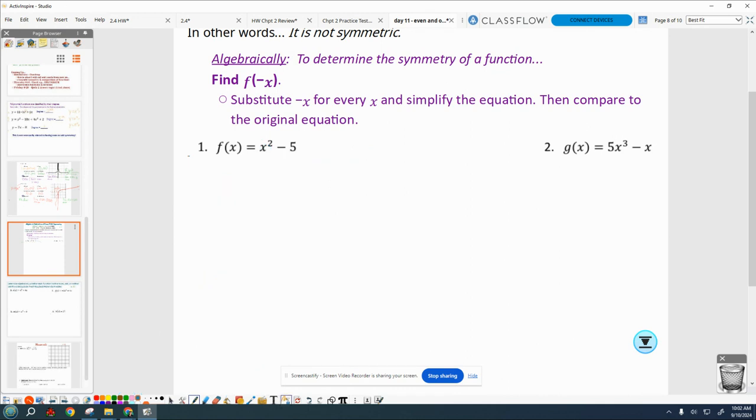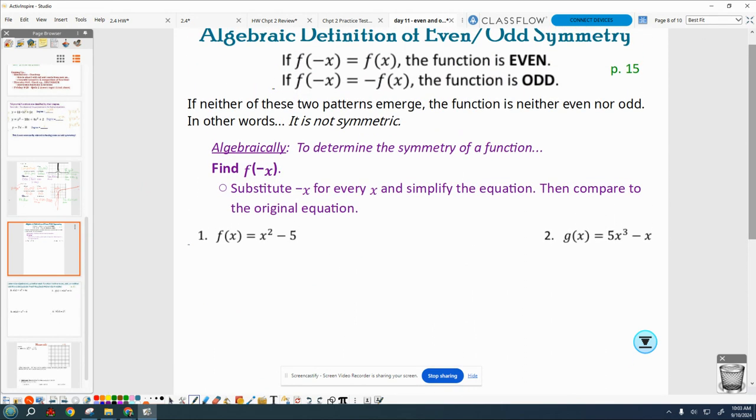Brianna, how do I check the second one? What's the first test I should do? See if it's even or odd. Both of them say I need to know this value. So what should I check?